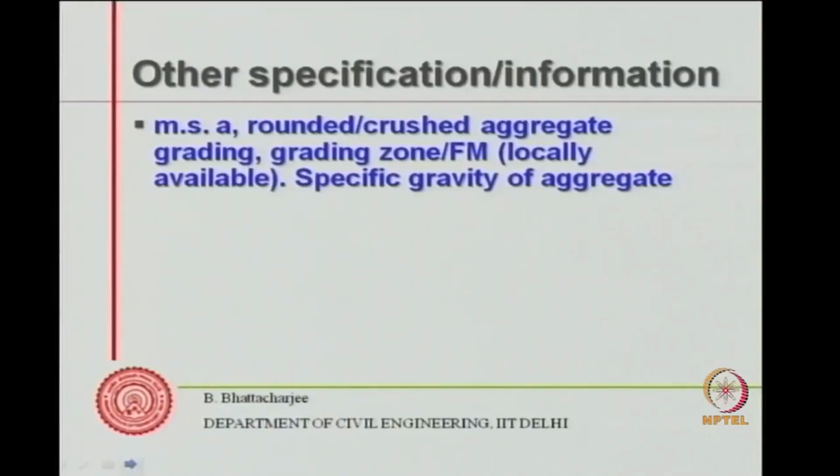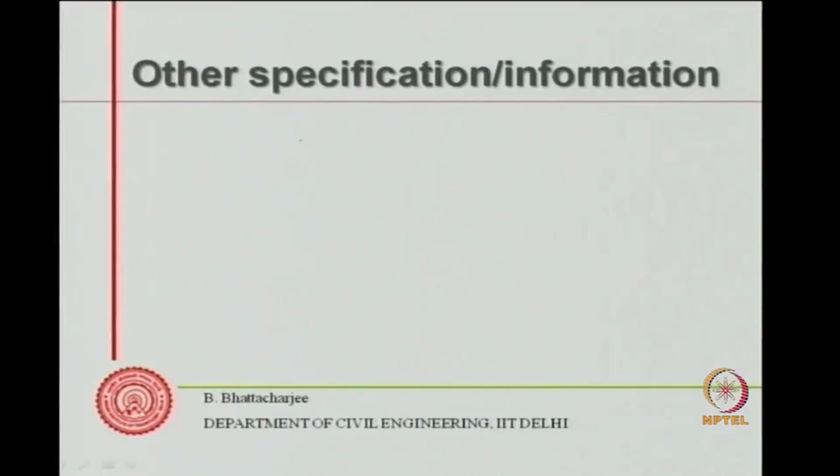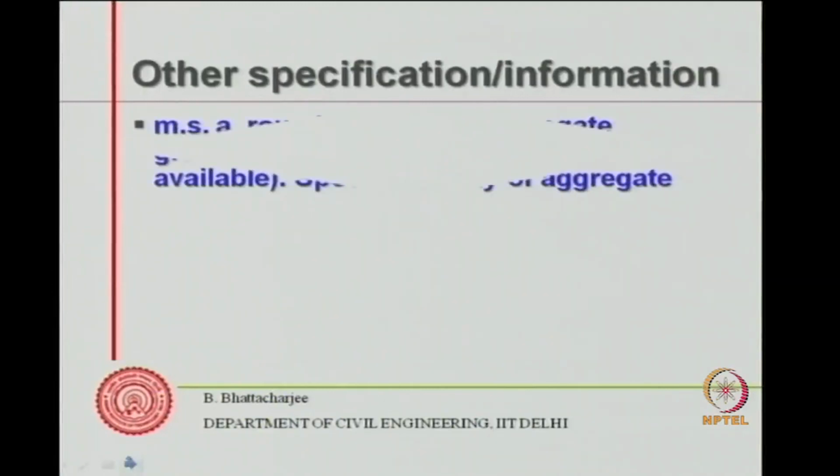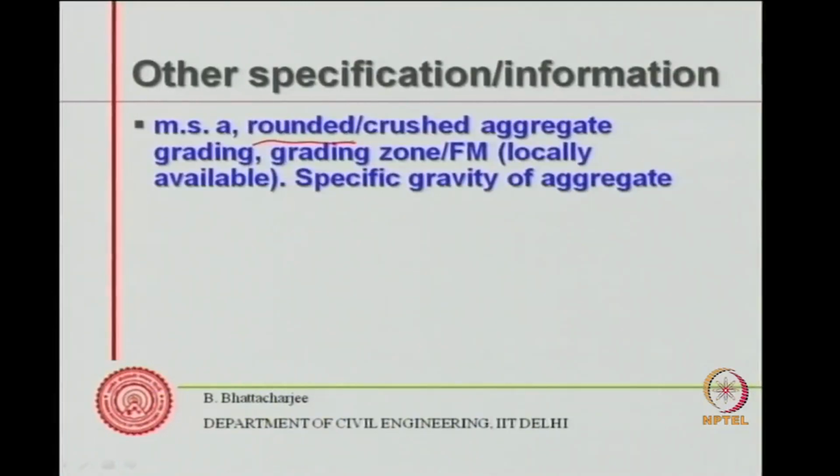Then whether the aggregate is rounded or crushed. Natural aggregates are generally rounded, as we have seen earlier, and we have seen also that shape governs the packing characteristics of aggregate, because we have talked about aggregate material and rounded or crushed, and we know that rounded aggregate packs better than crushed aggregates.